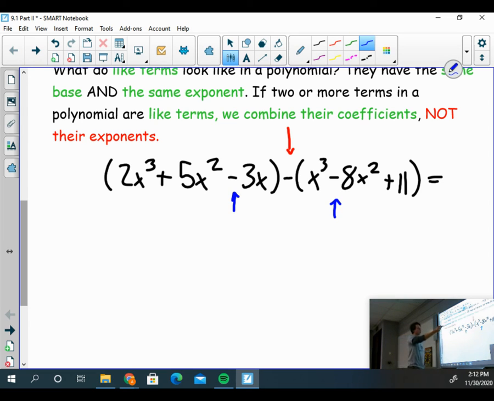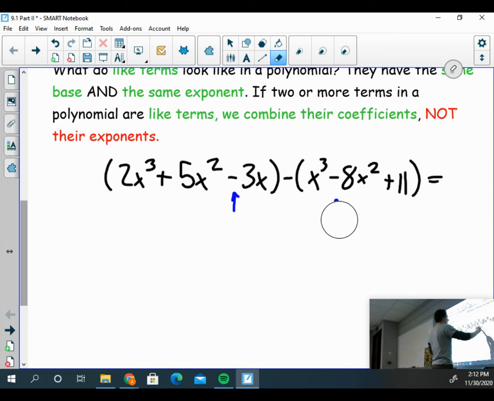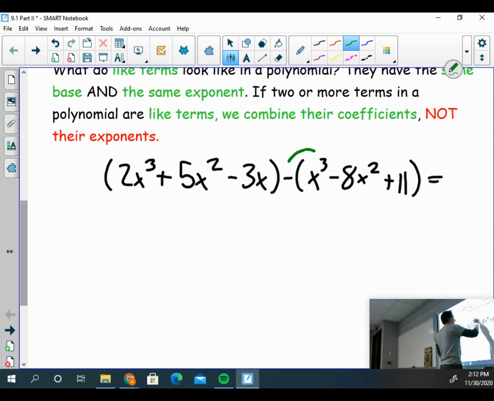You see, the minus signs for the 3x and the 8x squared just apply to those. But when a minus sign, just like any other number, sits outside the parentheses, we have to distribute it, apply it to everything in the parentheses. So before we can ever simplify this, we need to make sure that we apply this minus sign to everything inside of the parentheses that it's sitting outside of.